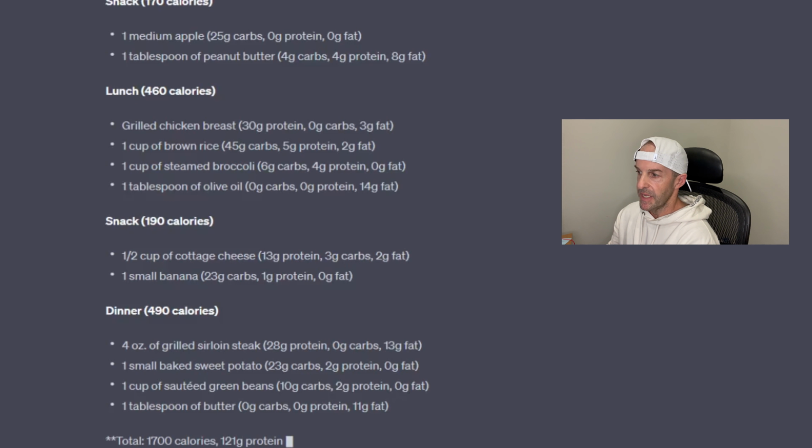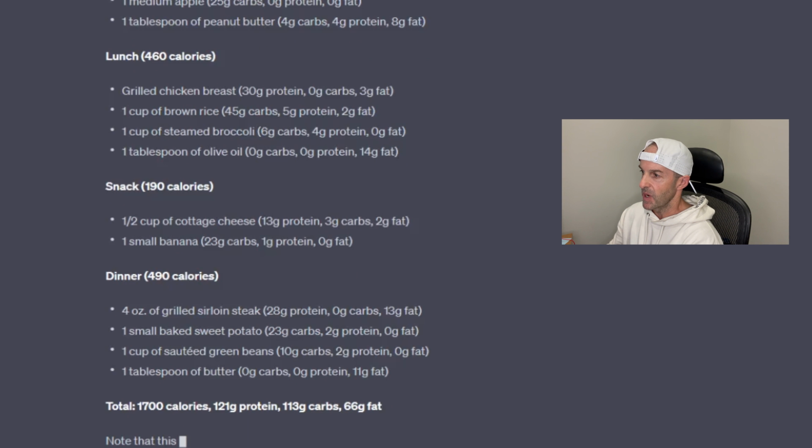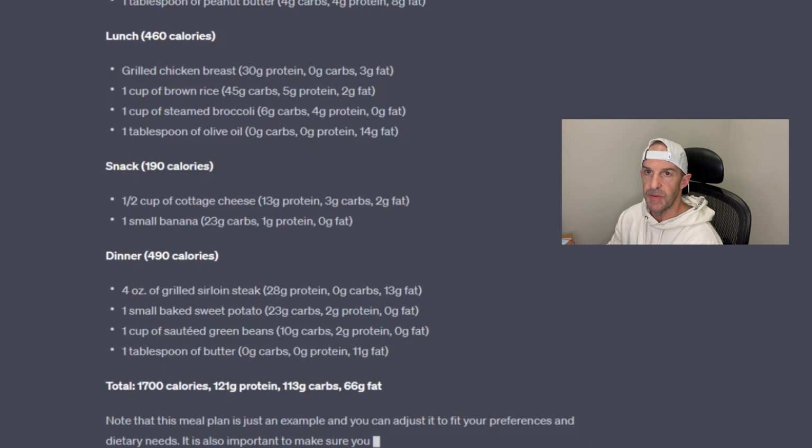Okay, so it's saying the total is 1,700 calories, 121 grams of protein, 113 grams of carbs, and 66 grams of fat. Now, I can already see that's problematic just in the macro balance.